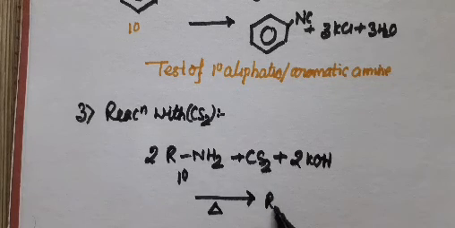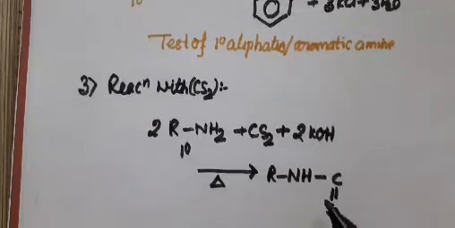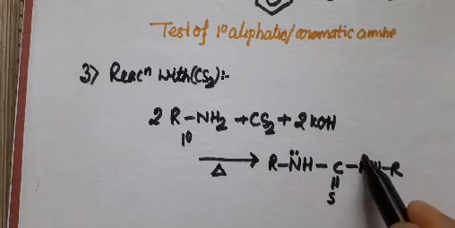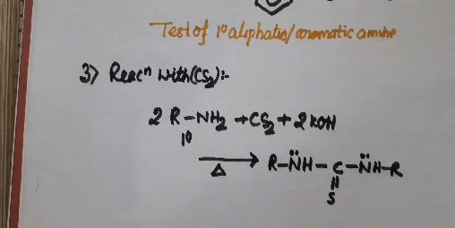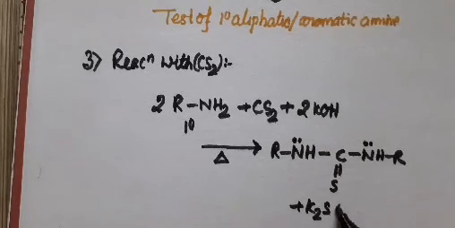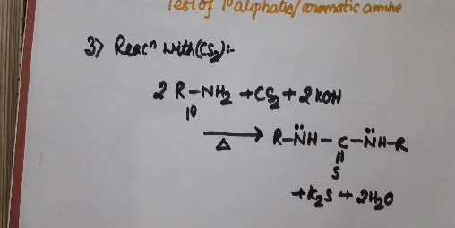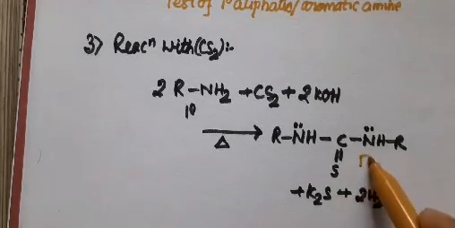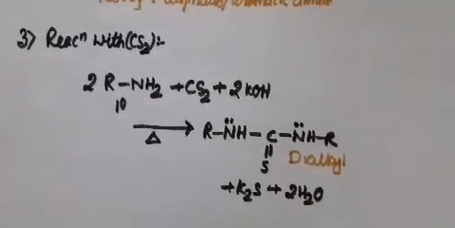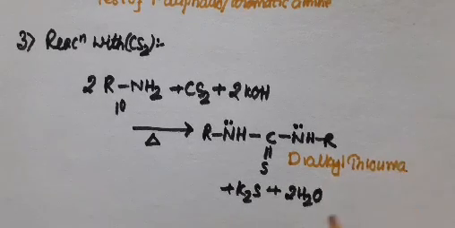It forms the product RNH-C double bond S-NHR, plus K2S plus 2 molecules of water, and this is dialkyl thiourea.